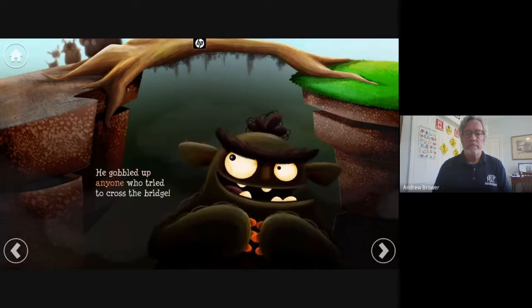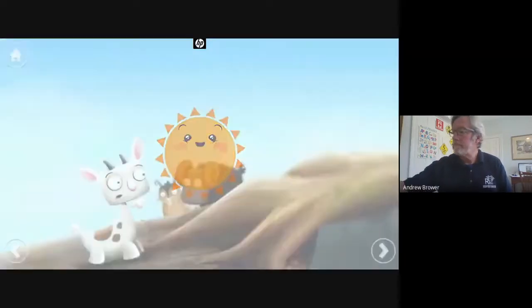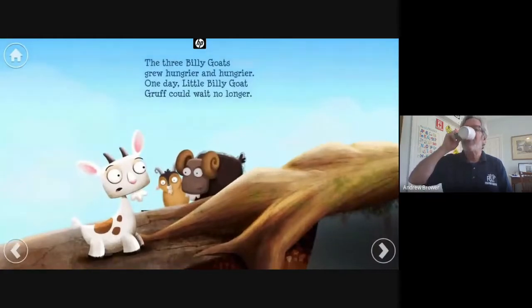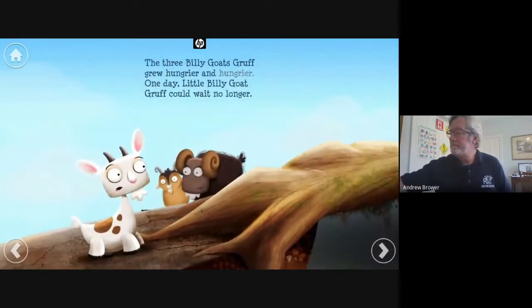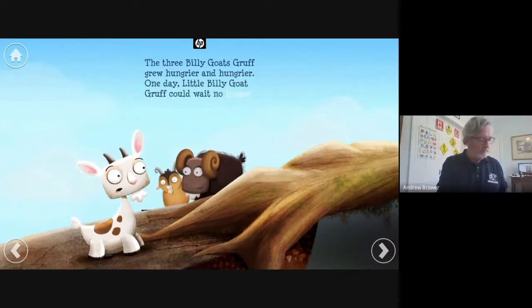He gobbled up anyone who tried to cross the bridge. The three Billy Goats Gruff grew hungrier and hungrier. One day, Little Billy Goat Gruff could wait no longer.